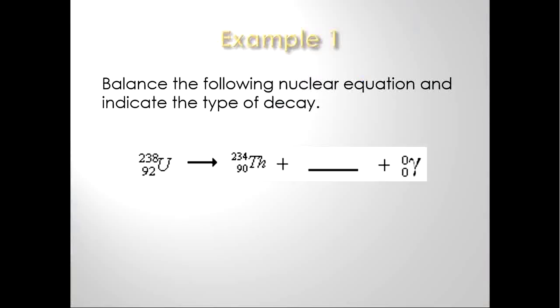Balance the following nuclear equation and indicate the type of decay. So here's how we do this. We want to take our top numbers, and we're going to make an equation out of it. And so we start writing 238. We're going to go ahead and the arrow will be like an equal sign.